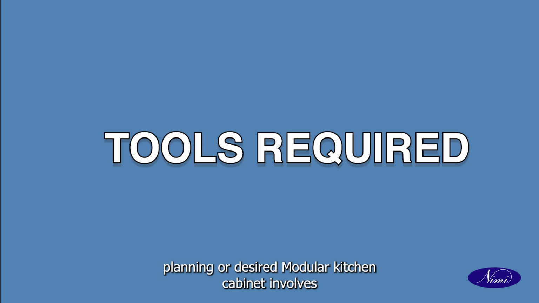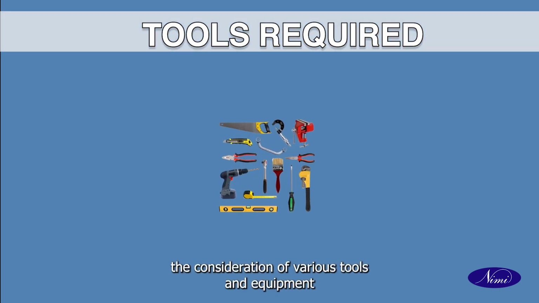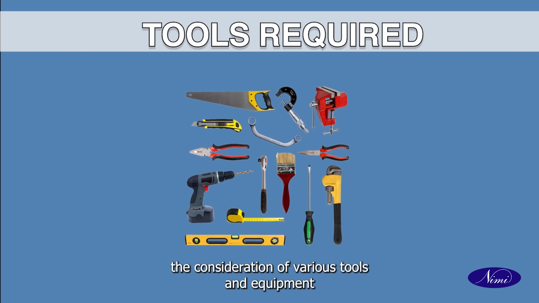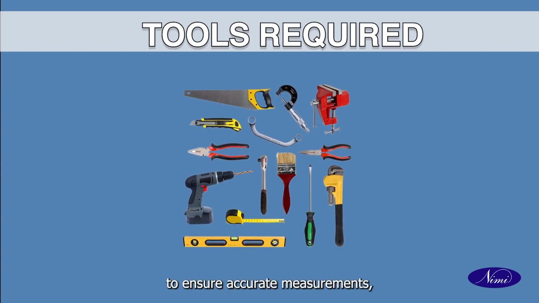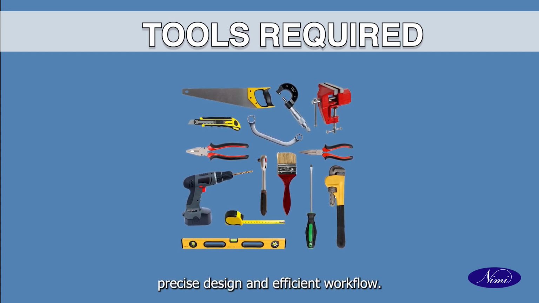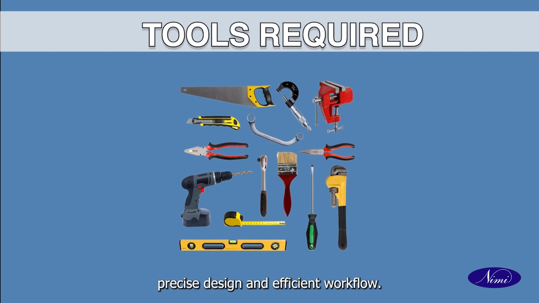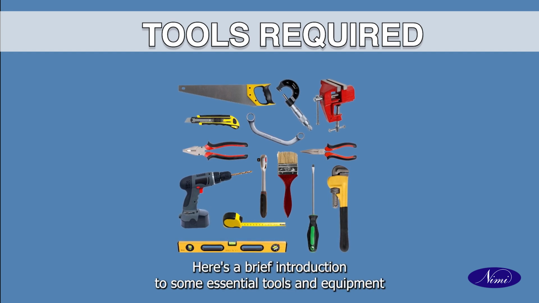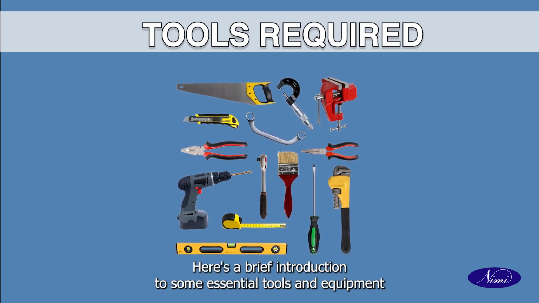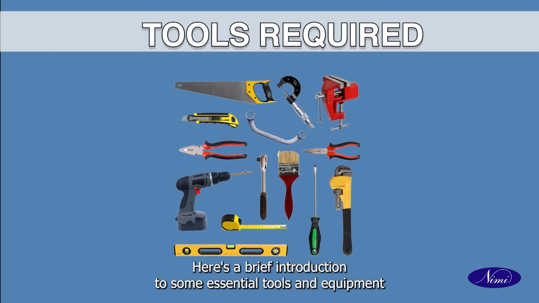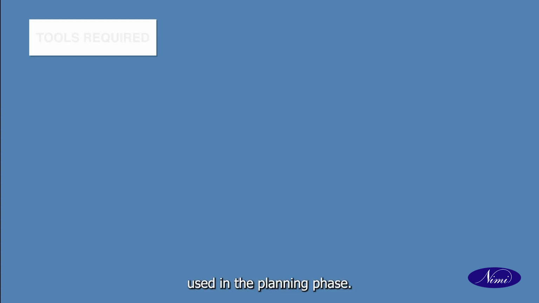Planning a desired modular kitchen cabinet involves the consideration of various tools and equipment to ensure accurate measurements, precise design, and efficient workflow. Here's a brief introduction to some essential tools and equipment used in the planning phase.